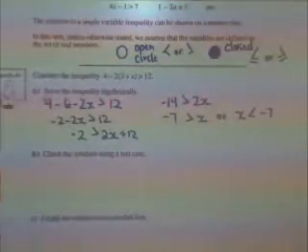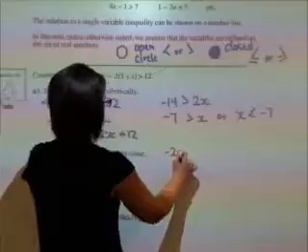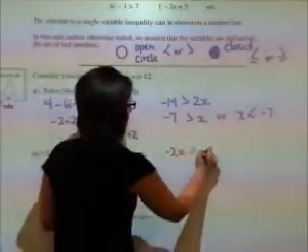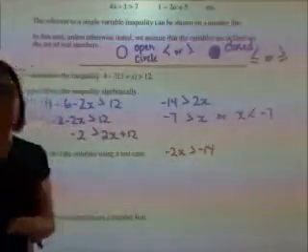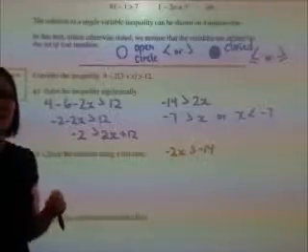If you don't move that variable over, you get negative 2x on the left-hand side, and greater than 14 on the right-hand side. When I go to solve for this, I have to divide by negative 2.